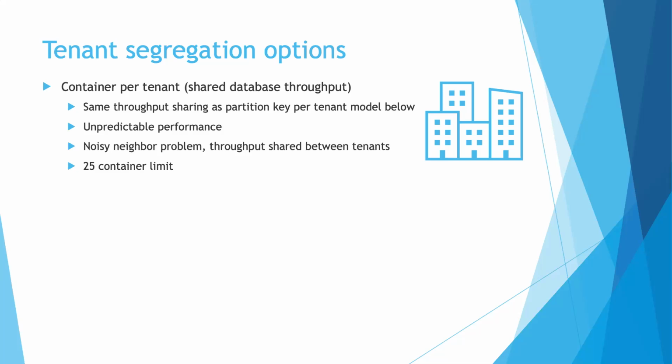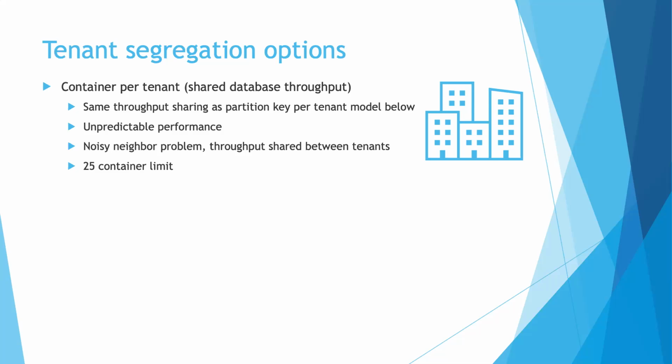An important limitation with this option is that you can only create up to 25 containers that share throughput with the database. If you have a look at the Microsoft documentation, you'll see that 25 container limit, and they recommend that if you want more than 25, you can create another database, again with shared throughput if you want, so allocating throughput at the database level, and then have further containers inheriting or sharing that throughput allocated at the database level.